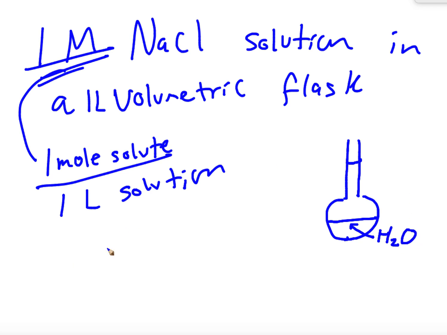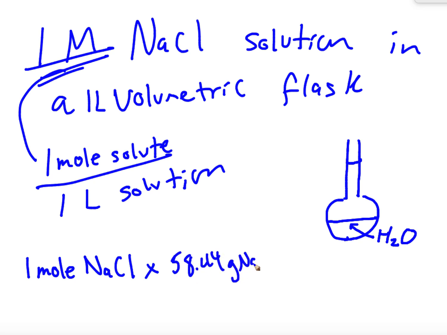Now I need to figure out how many grams of NaCl I'm going to put in for a 1 molar NaCl solution. Since we know 1 mole of solute per liter of solution, I'm going to have 1 mole of NaCl times the molar mass of NaCl, which would be around 58.44 grams NaCl.